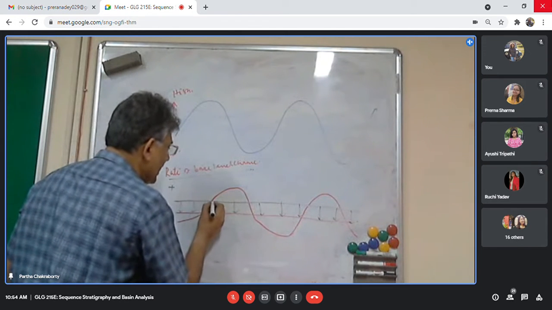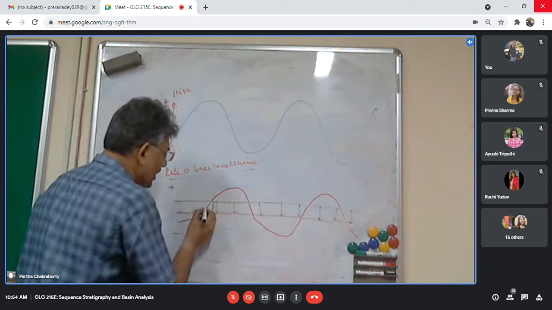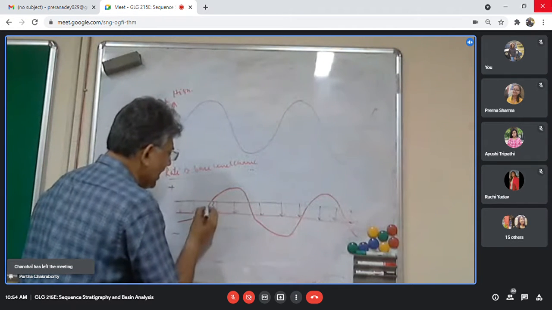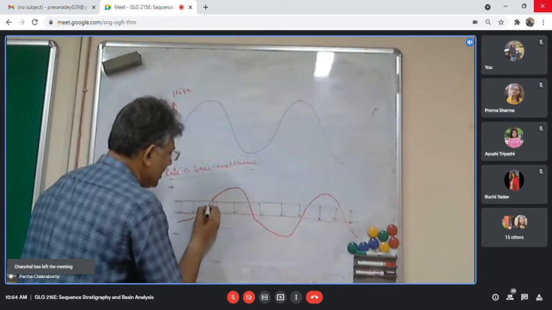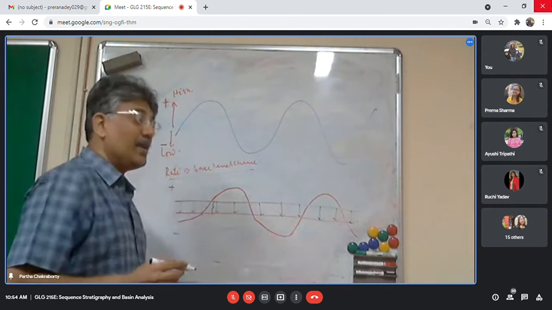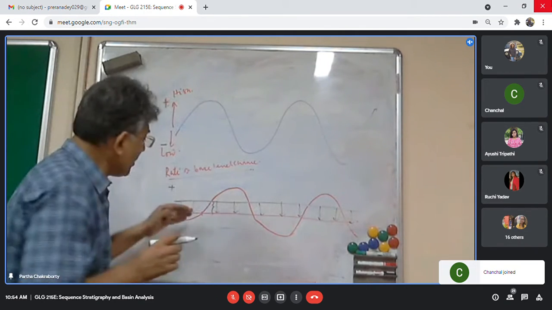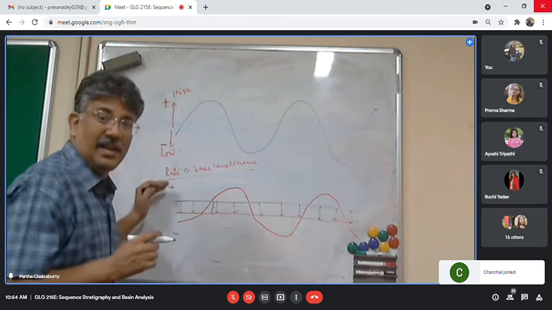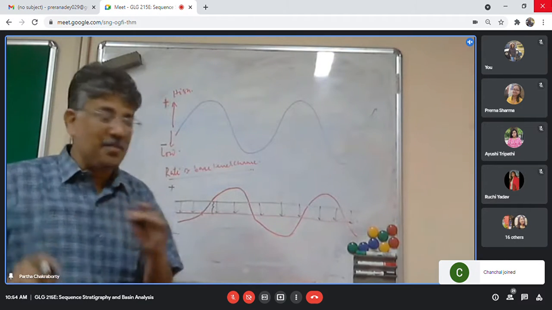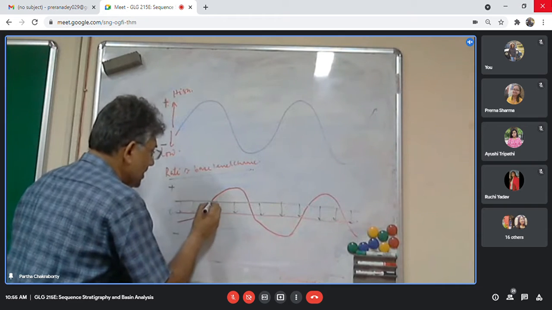What are you getting in this part? In this part, your relative sea level curve is here, but sedimentation is here. The relative sea level curve, the red curve, is on the positive side because this is 0.